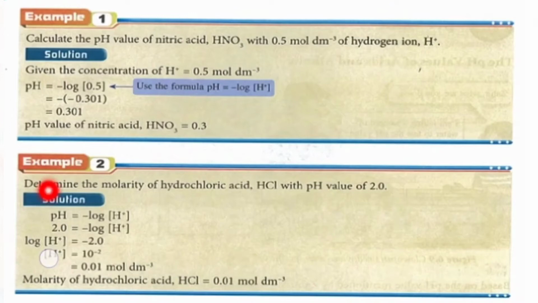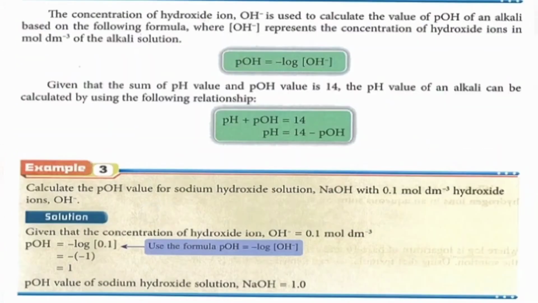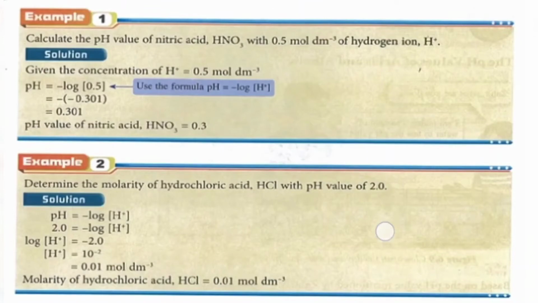So the concentrations of H+ is 10 to the power of negative 2, or shift log negative 2. So you will get 0.01 molar per cubic decimeter. Okay, so this is the molarity of the HCl with pH value 2.0. Okay, this one is for acid.